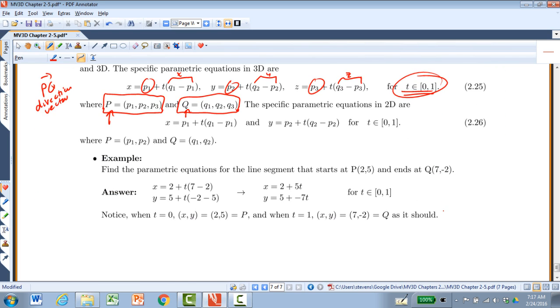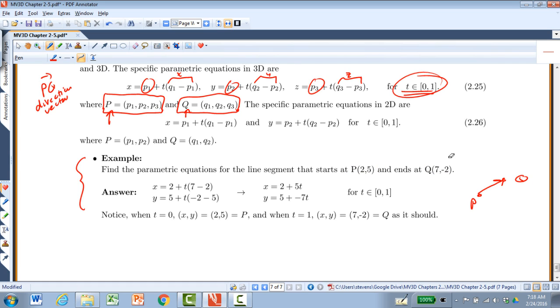Okay, once we do an example, this should become quite clear. Suppose I want parametric equations for the line segment that starts here and ends here. If this is P and this is Q, it's really easy to do.